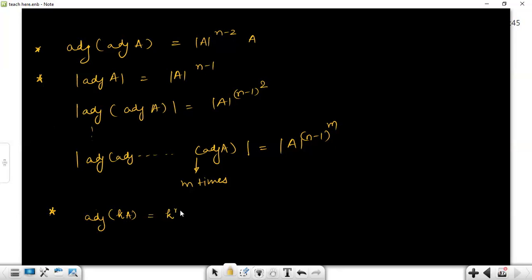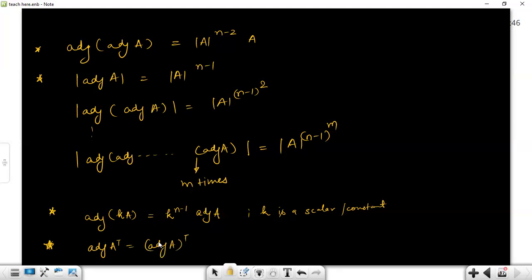So this will be equal to K raised to power n minus 1 into adjoint of A. The adjoint of A transpose is equal to the adjoint of A's whole transpose.